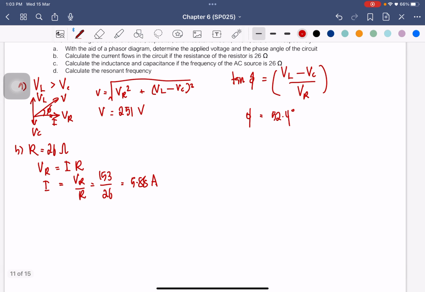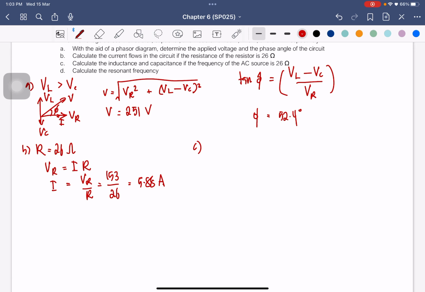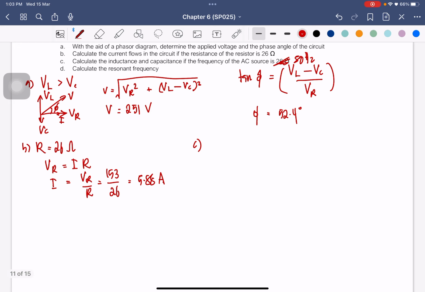Okay. Question C pula, we have to calculate the inductance. If the frequency is 50 hertz. Okay, so this is 50 hertz. So now we have to calculate the inductance and capacitance. We know that XL is 2 pi FL. So we are looking for L. So how do we find XL sekarang ni, which is the inductive reactance? We can use the formula from the RMS.